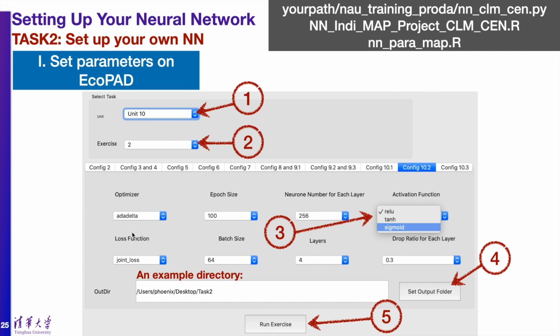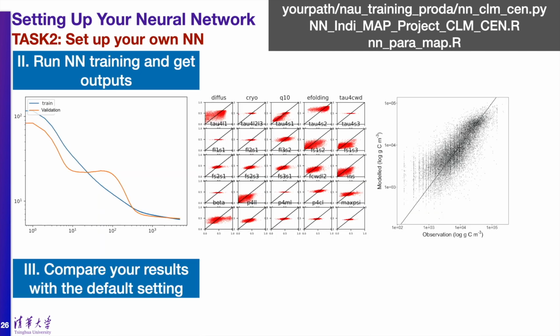You can try different combinations of these options to train the neural network to see if we can get better performance. After running task 2, you can get the output figures as shown in task 1. You can compare your results in your test with the default setting.